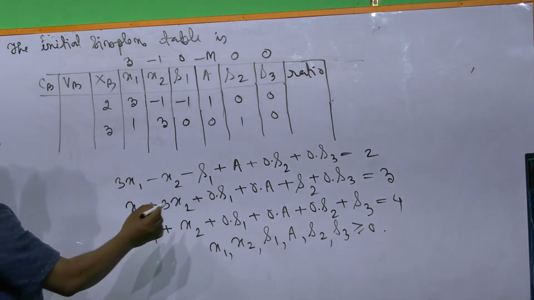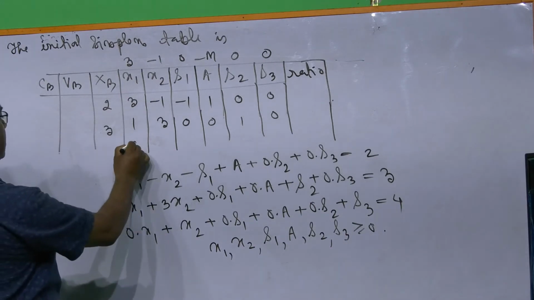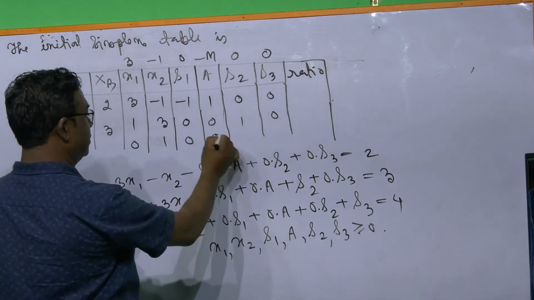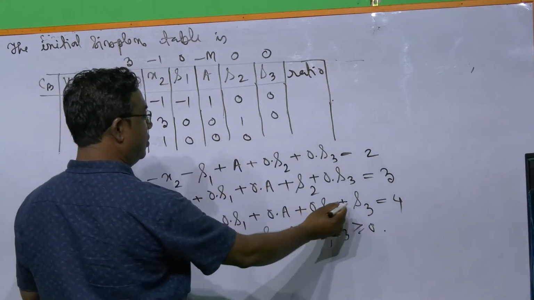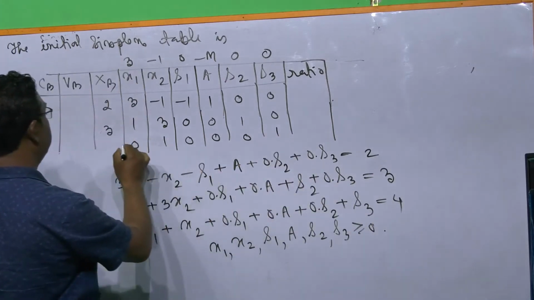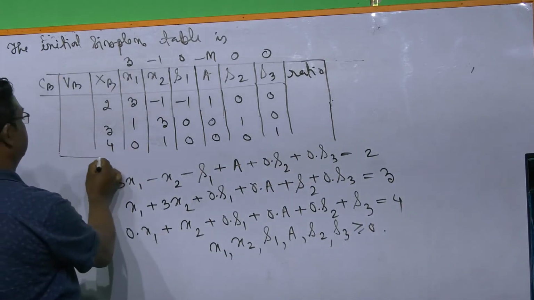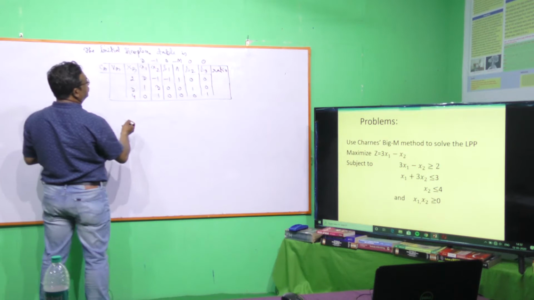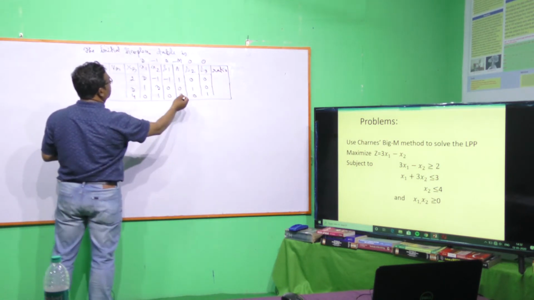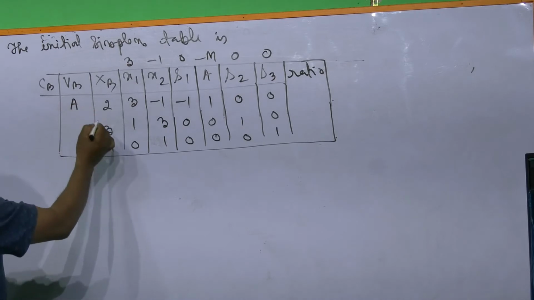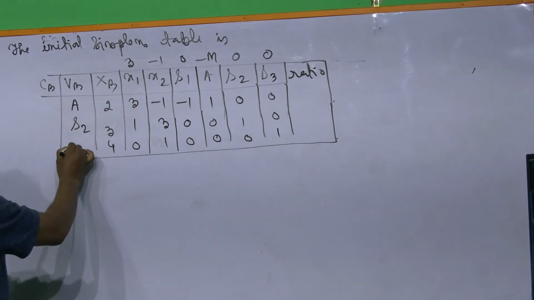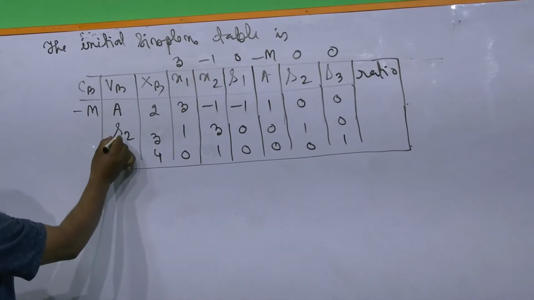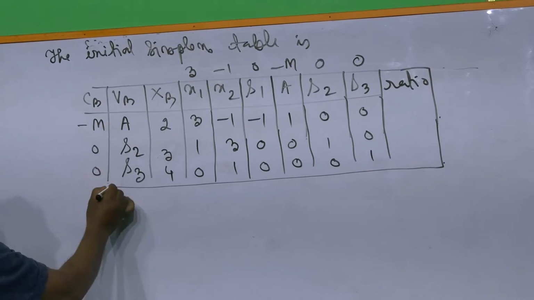Then third equation, coefficient is 0, 1, this 0, 0, 0, 1, right hand member you write here, 4. So here is the unit matrix. The corresponding variables you write A, S2, S3. Coefficient of A is minus M, you write here, S2 0, S3 0.